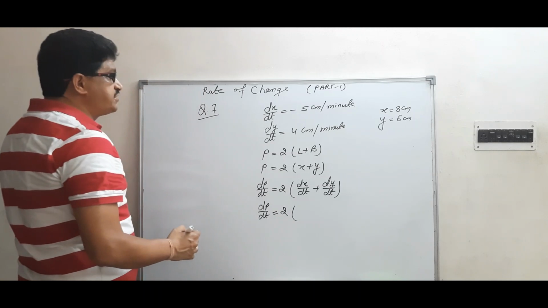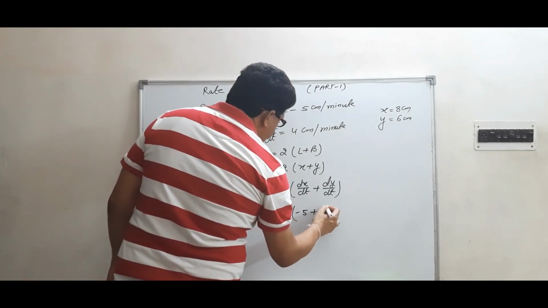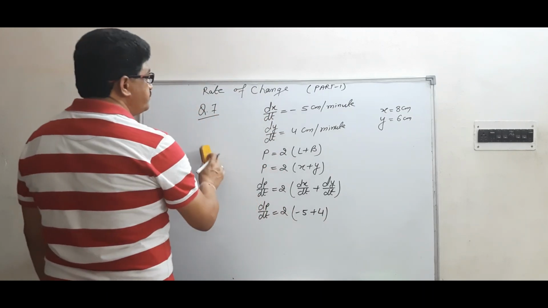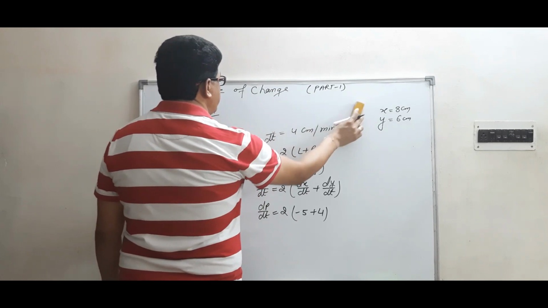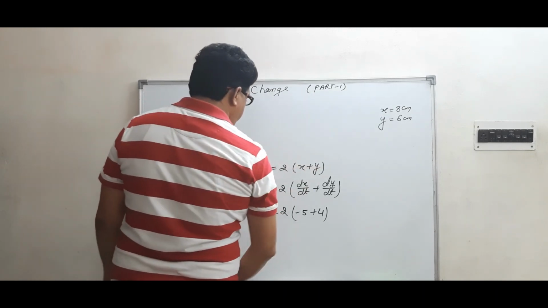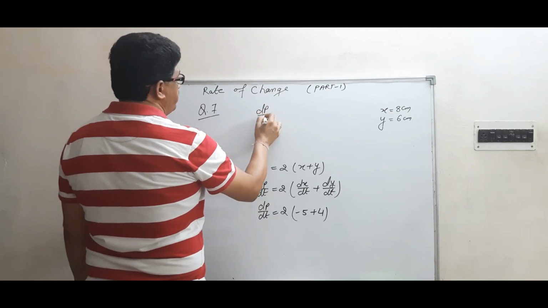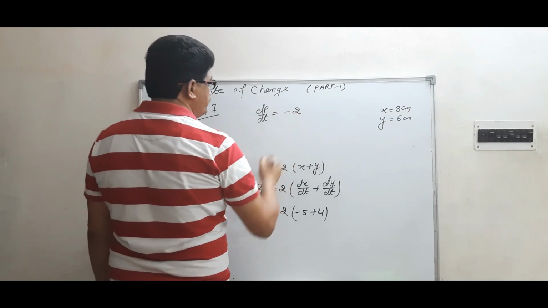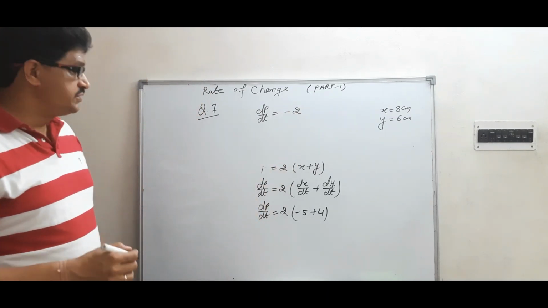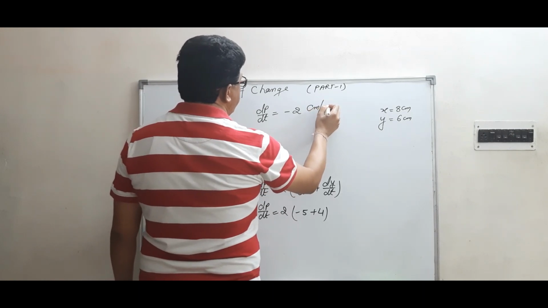The value of dx upon dt is minus 5 and dy by dt is 4. So dP upon dt is equal to minus 2 centimeter per minute.